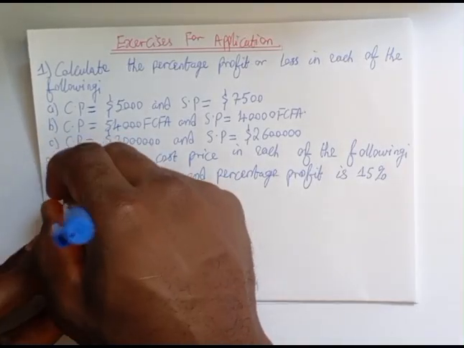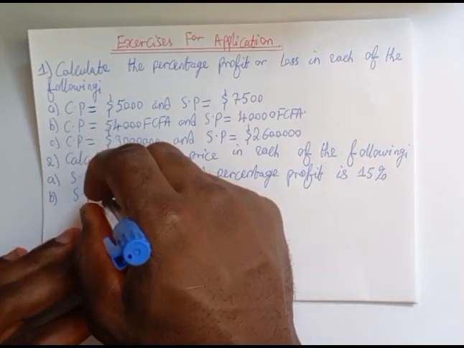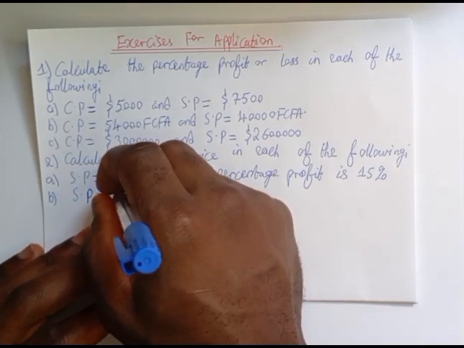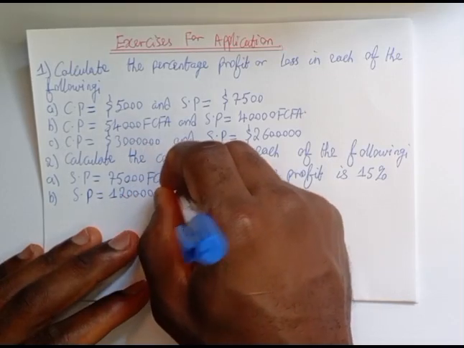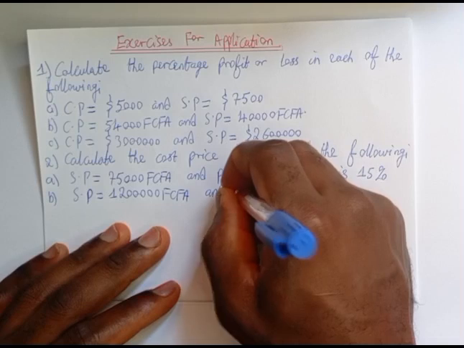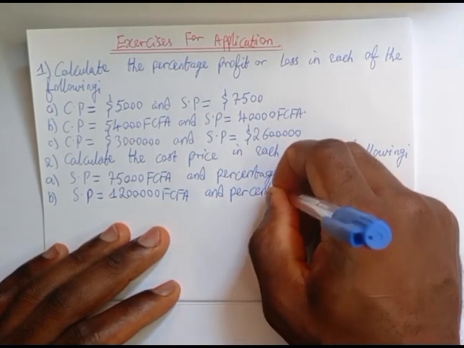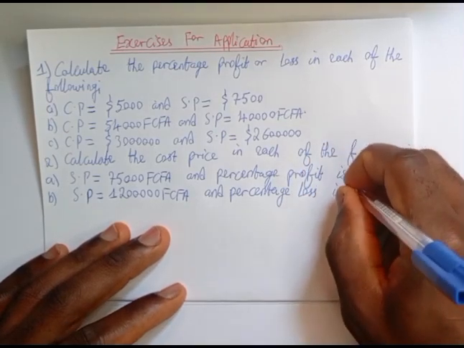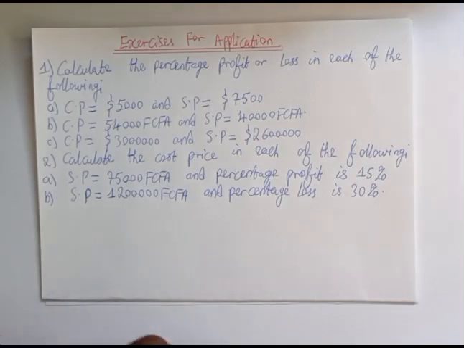We go to B, we have the selling price equal to 1,200,000 francs CFA and the percentage loss is 30%.